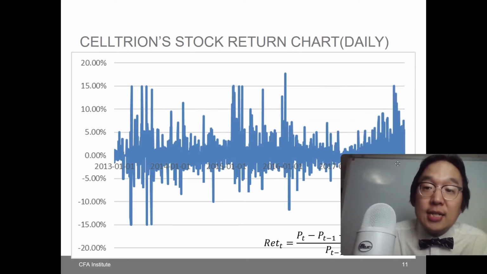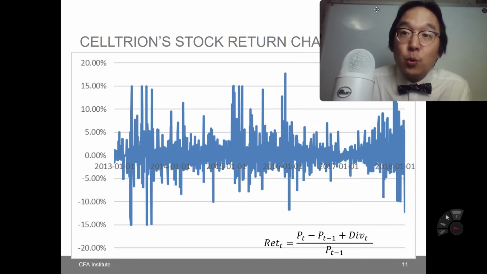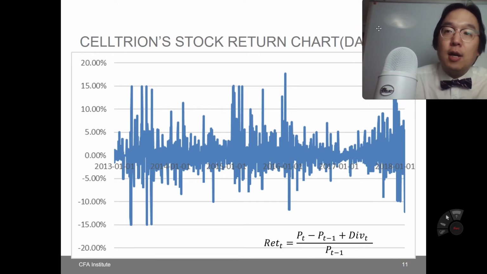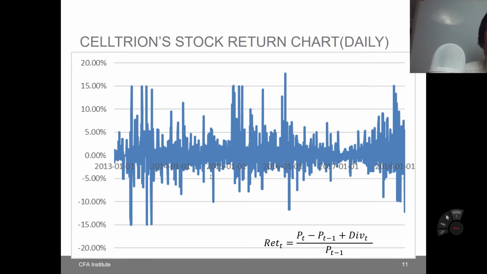So here's Celltrion. Their daily stock returns are shown over here in a time series plot. Of course, you all understand this return concept, so I don't need to tell you about it. Considering dividends, I created the daily return chart like this, up and down and up and down. Remember, this is on a daily basis, okay?